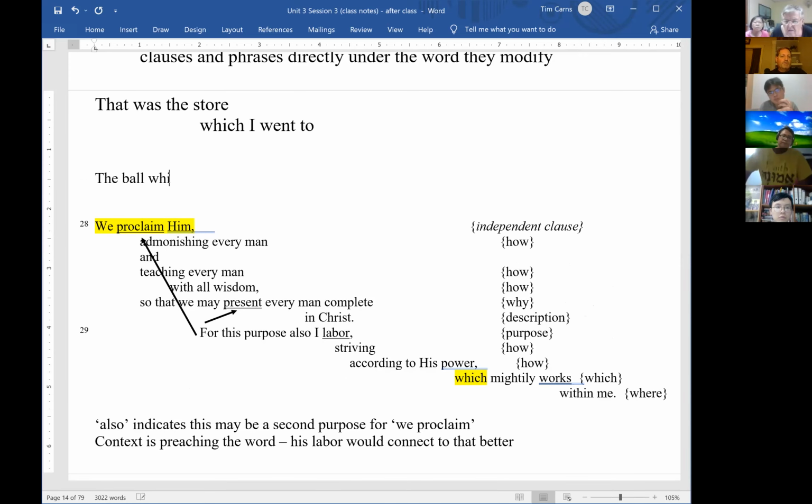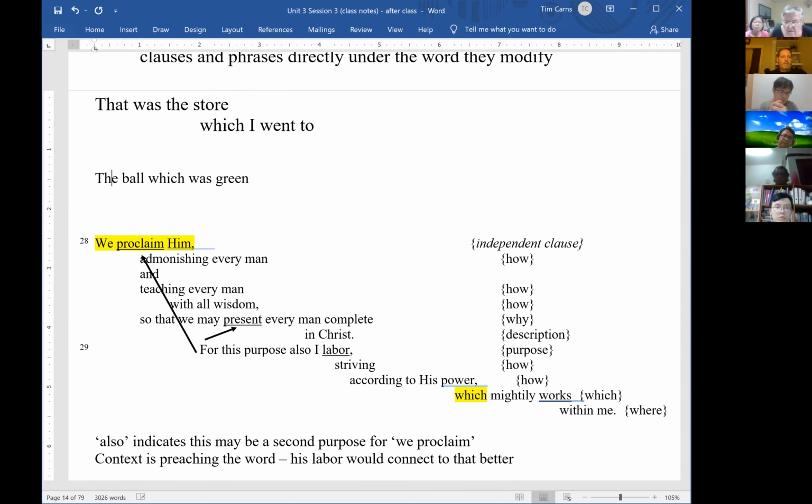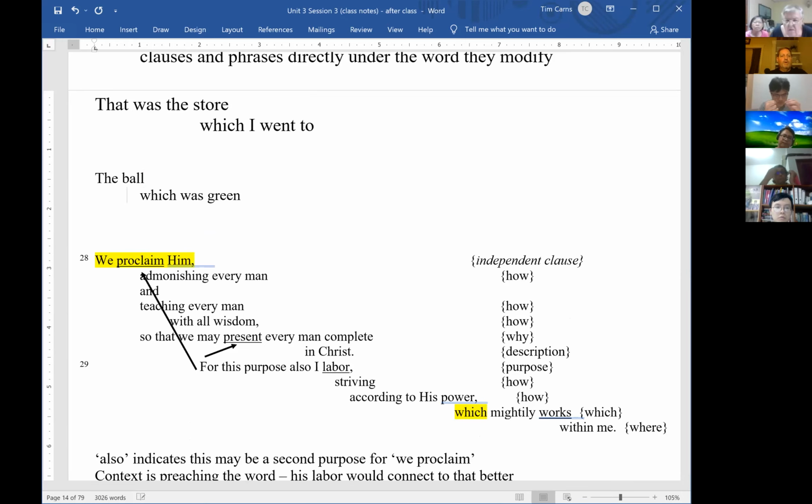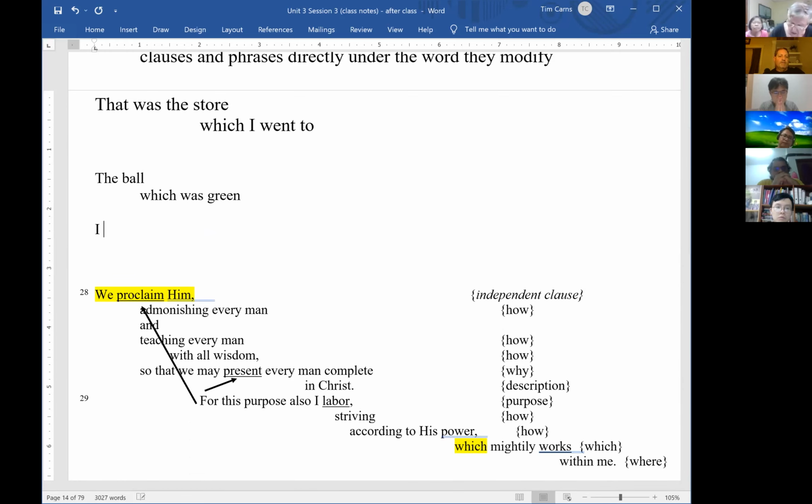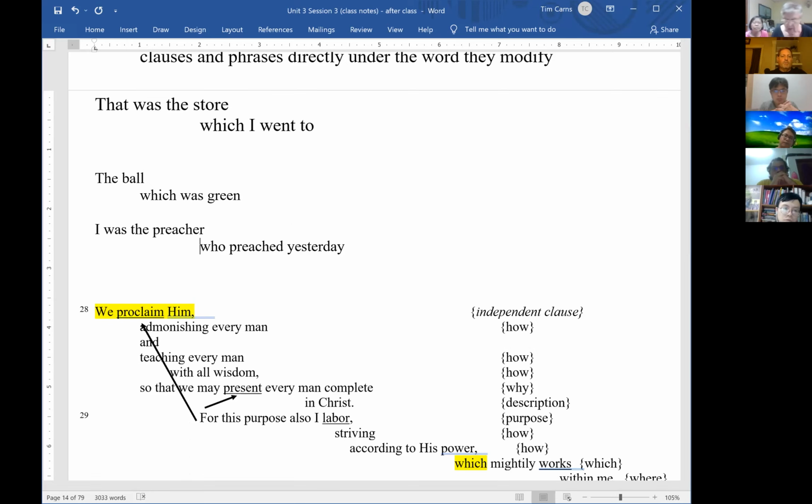The ball which was green. This is describing the ball. So normally these relative pronouns follow the word that it modifies. I was the preacher who preached yesterday. So who is another relative pronoun, and it's describing the preacher. That's what's happening here.